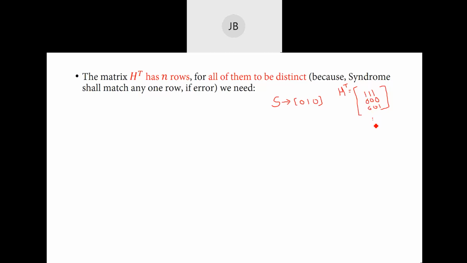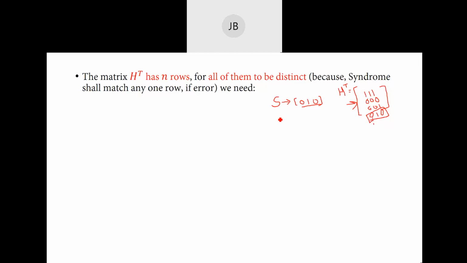Any other entries, or maybe somewhere 010. Now here the syndrome vector is 010. We check H transpose here. Is there any 010? Of course, there should be somewhere that is 010. That is in the fourth row of H transpose.